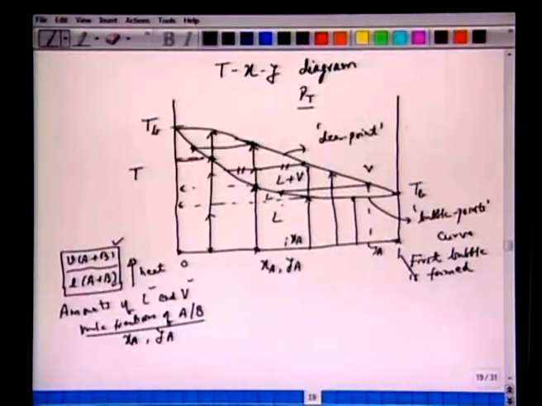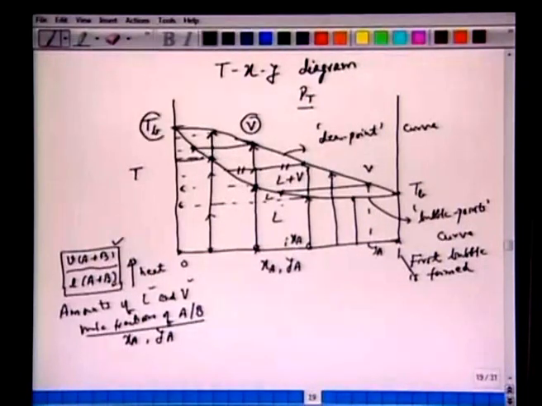Okay, so this is the dew point curve. Now when we reach this temperature for this binary of A plus B, depending upon what mole fraction we are starting with, it is the temperature at which the entire liquid is converted into vapor phase. So essentially for this binary system there is a temperature range, right?